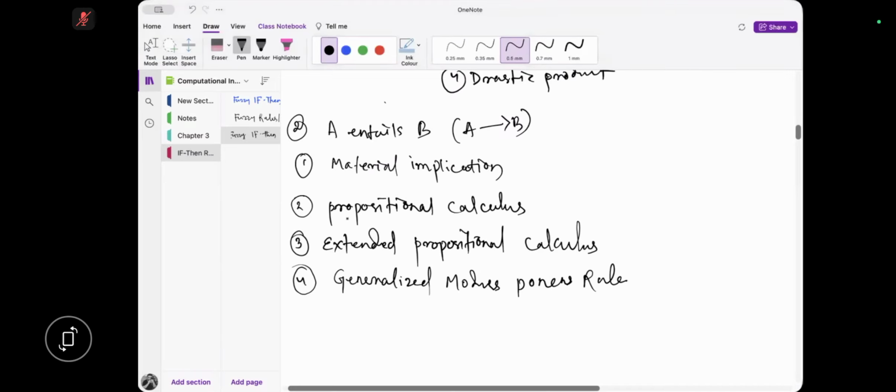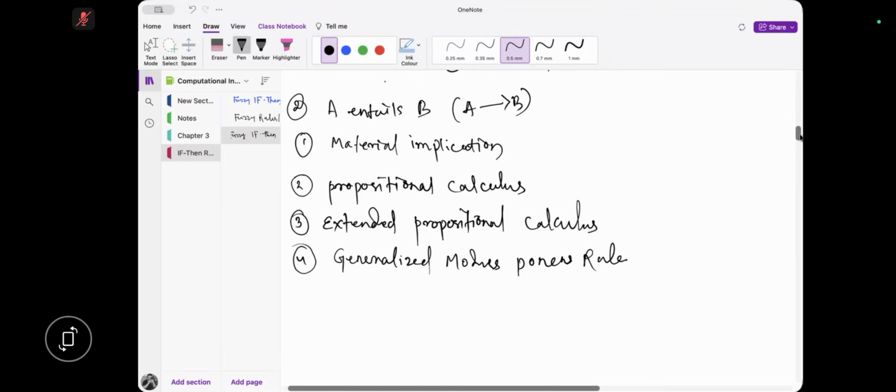Okay, let me write down the equations. This is the relation where A implies B is denoted as negation of A union B. This is also the relation R. All are implications.